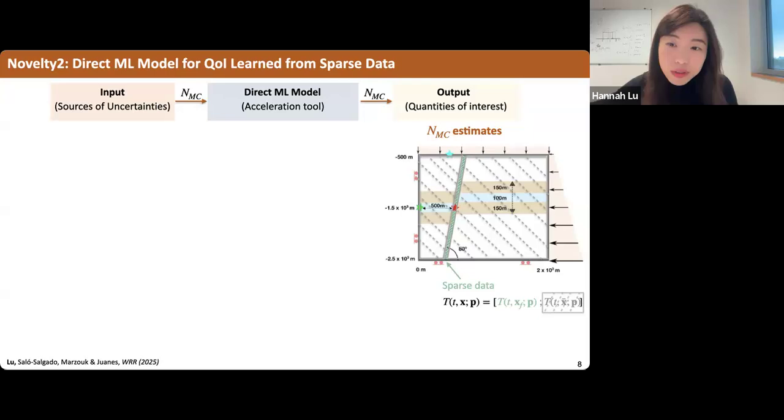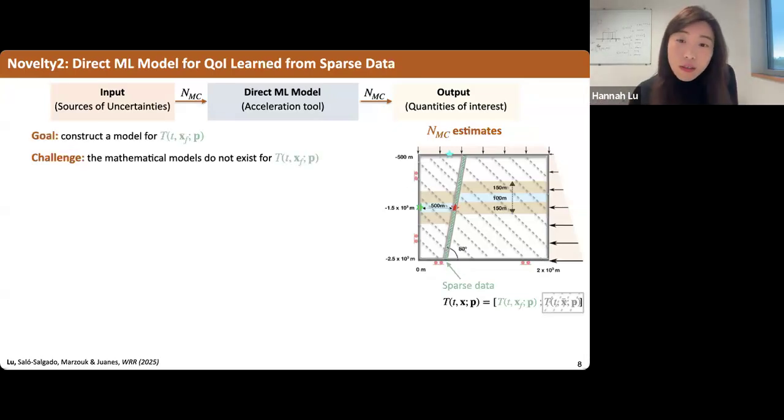So we want to build a model directly and only for the quantity of interest, the slip tendency along the fault. And in fact, a large part of the domain provides very little information, as we observe.